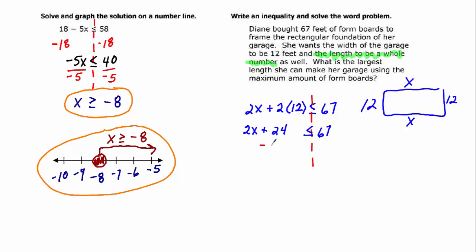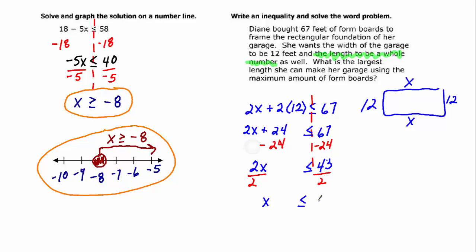Step 1, take away the 24 from both sides. That leaves me with 2x less than or equal to 67 take away 24 is 43. Divide both sides by the 2. x ends up being less than or equal to half of 43.